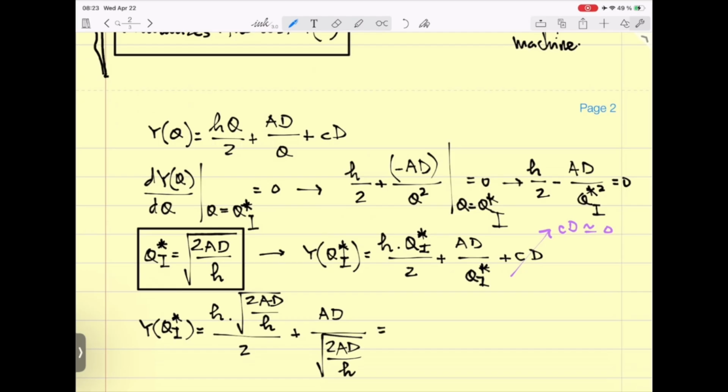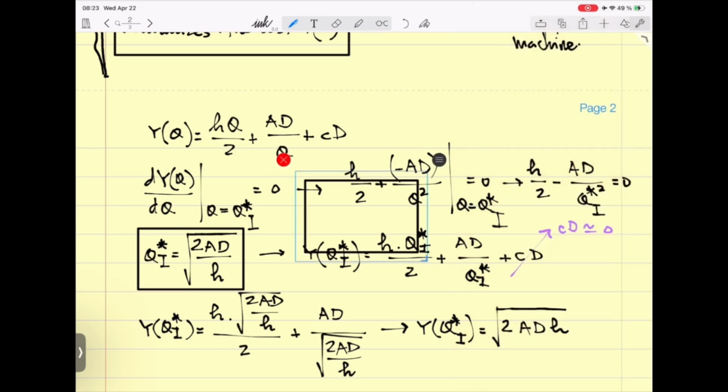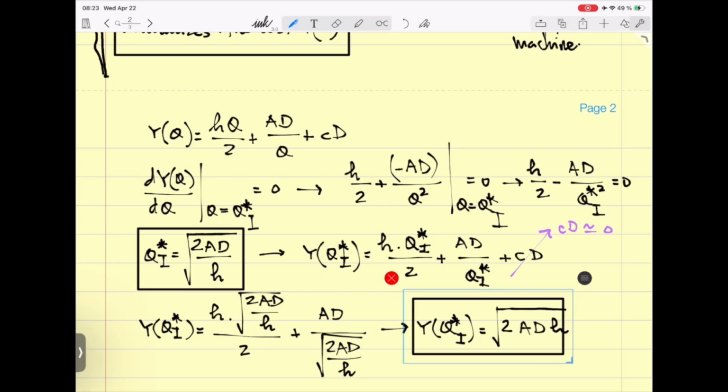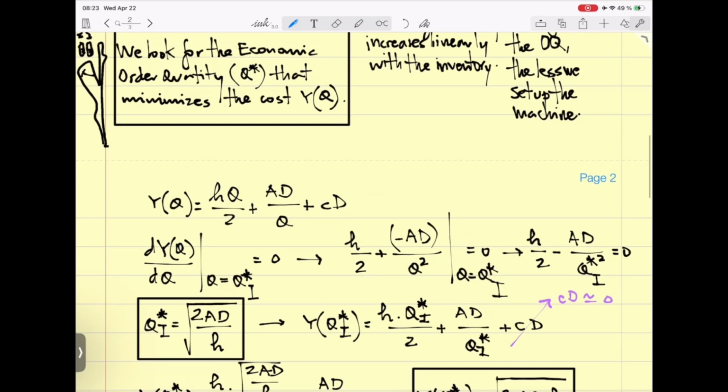This yields that the minimum cost in this model, the cost associated to the economic order quantity, is the square root of 2adh. And this is the solution of the problem.